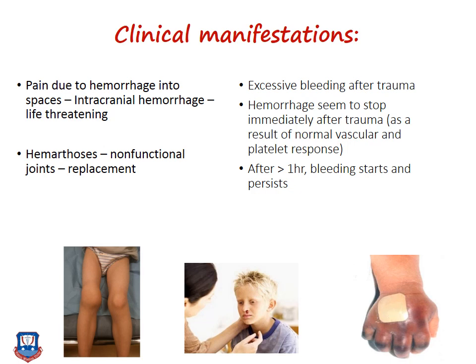There is a non-functional joint, with swelling, and hence the patient will not be able to bend his knees. Then excessive bleeding after trauma is seen. Hemorrhage seems to stop immediately after trauma as a result of normal vascular and platelet response, but after more than 1 hour bleeding starts and persists.